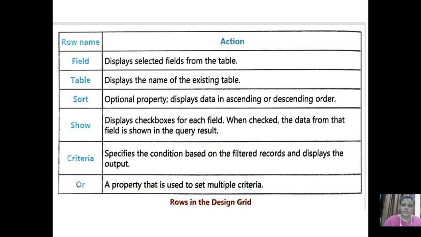Right, that's all for today. This is the way you create a query. How do you create a query? First of all you will make a table, right? After creating a table, what you will do? You will go to the create tab and from that you will select query design. After selecting query design, an add tables option will come, right? Just add the tables which you want in the query.